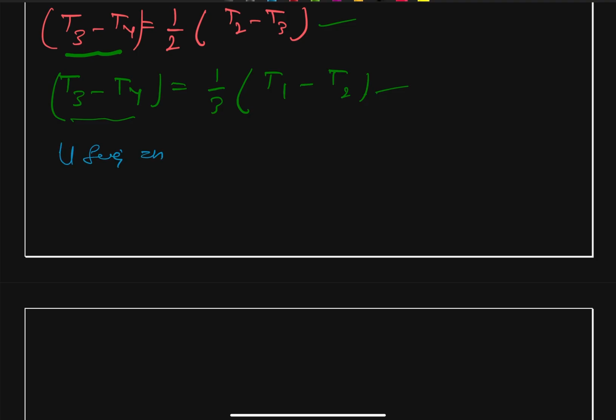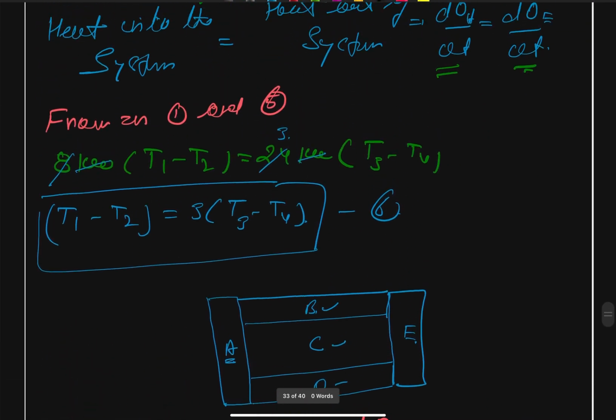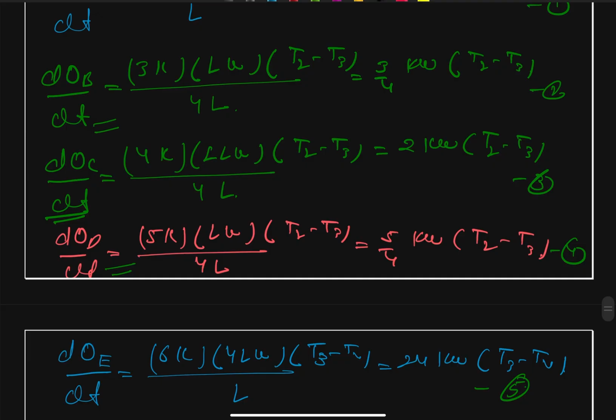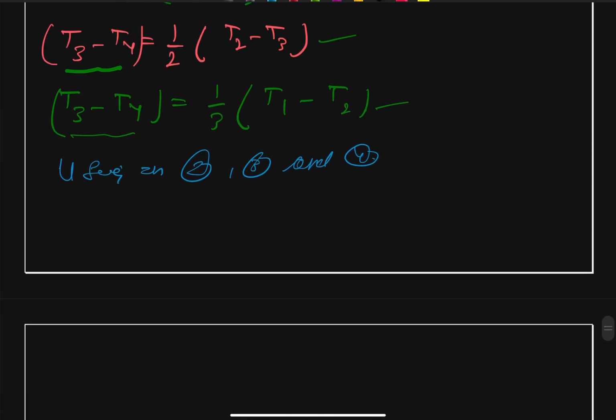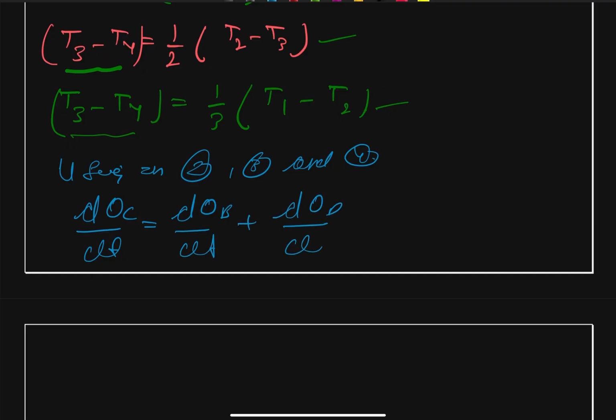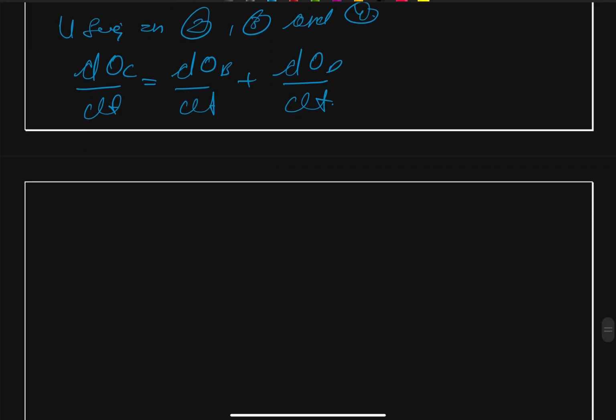Using equation 2, 3, 4, we can say that our dQ_C/dt is equal to, we can just prove it, and it is given as dQ_B/dt plus dQ_D/dt, and we substitute it.